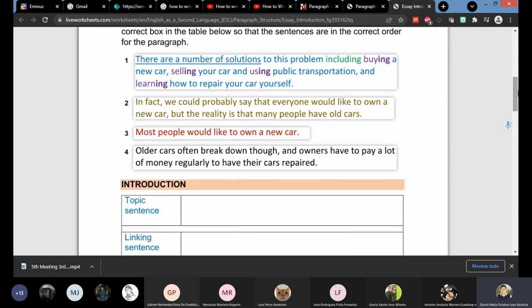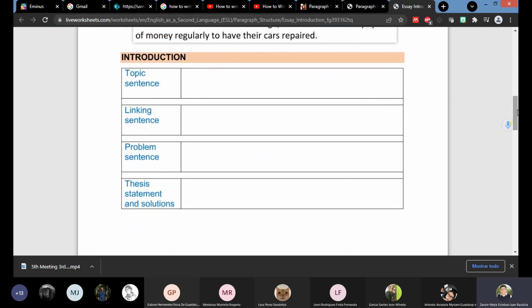This is the process of understanding the ideas that are expressed within each of the sentences. So now we have the structure of the introduction paragraph. Topic sentence, linking sentence, a sentence in which a problem is established, and then a thesis statement and solution.